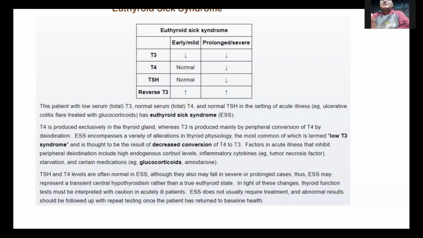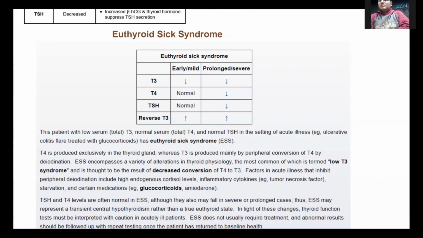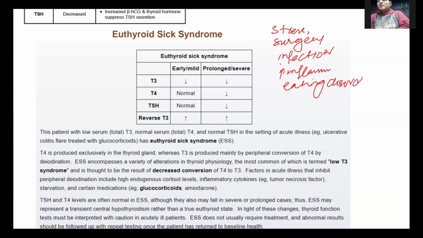Okay. So what are the etiologies of euthyroid syndrome? The etiology of euthyroid syndrome is a stress condition. As a generalized concept, first of all, understand the stress condition. Stress, surgery, infection, increased inflammation, eating disorder, starvation, and the use of the drug amiodarone causes euthyroid syndrome.